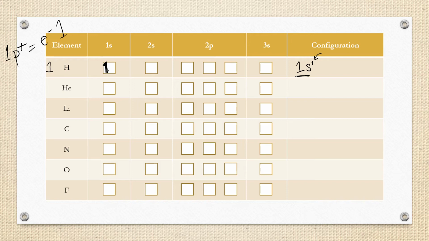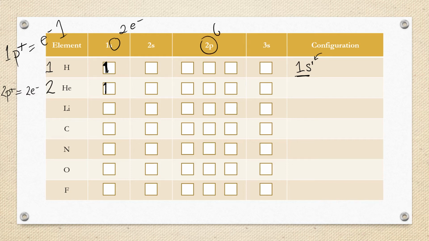So let's go to helium now. Helium has an atomic number of 2. This means it has 2 protons. So that means in a neutral atom, it has to have 2 electrons. So we fill in our first electron, and our s orbitals, remember, can hold 2 electrons.